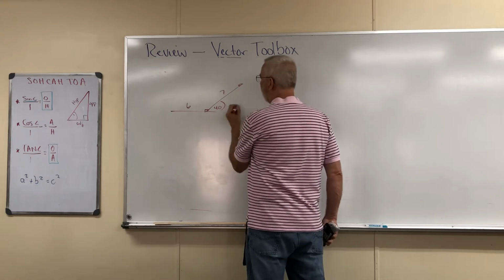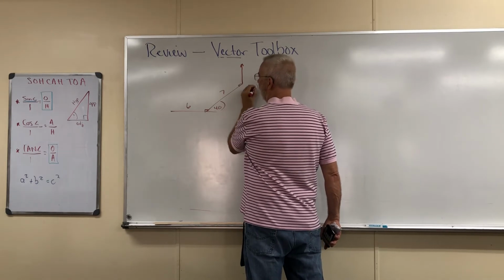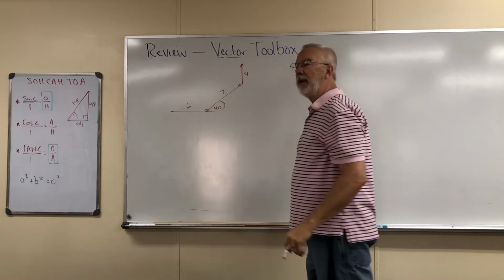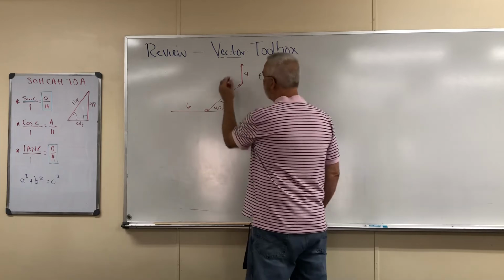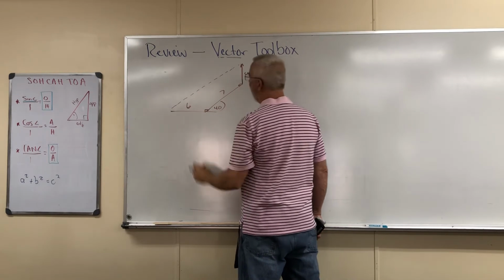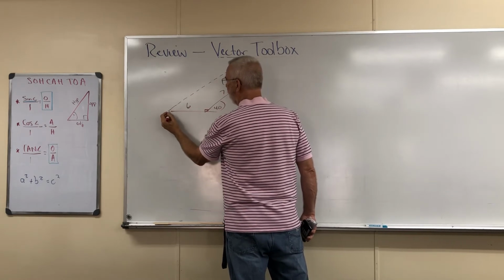Okay, and let me put another one in there. Let me go up 4, like that, okay? And so we're interested in the diagonal line that creates the big box here.